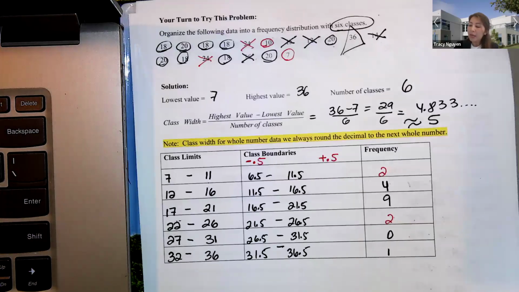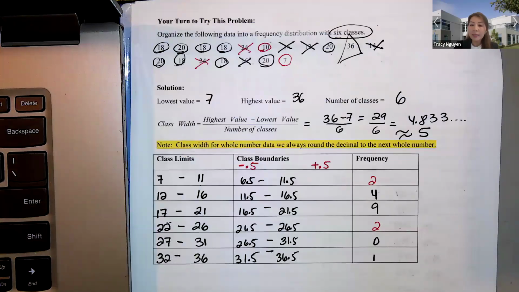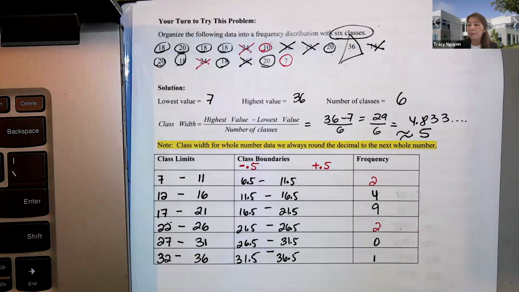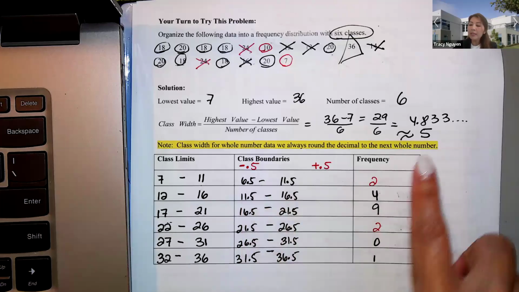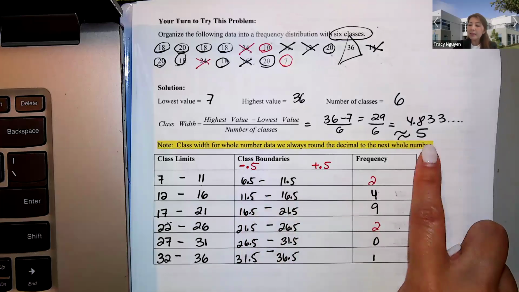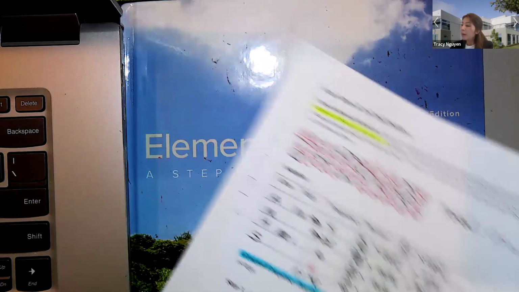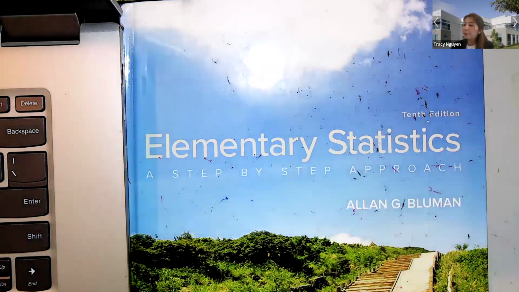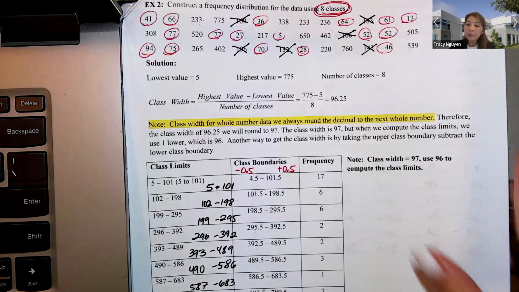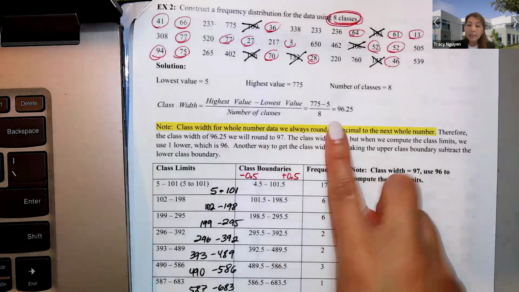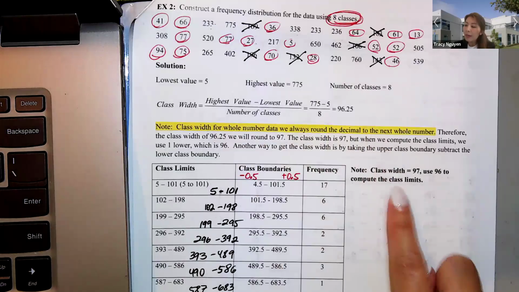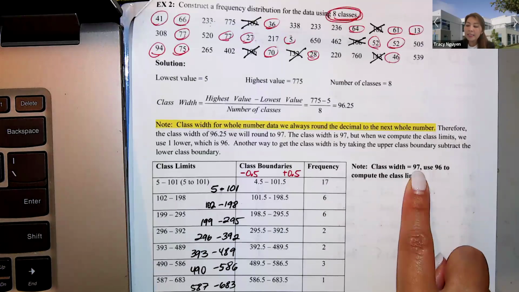And let me show you how you get what we have here, to verify why we always round up the class width. If we take the upper class boundary of 11.5 minus 6.5, we get exactly 5. And this is our class width. Going back to our previous problem, when we did our computation, we ended up with the class width of 96.25, but why did we round the class width to 97?